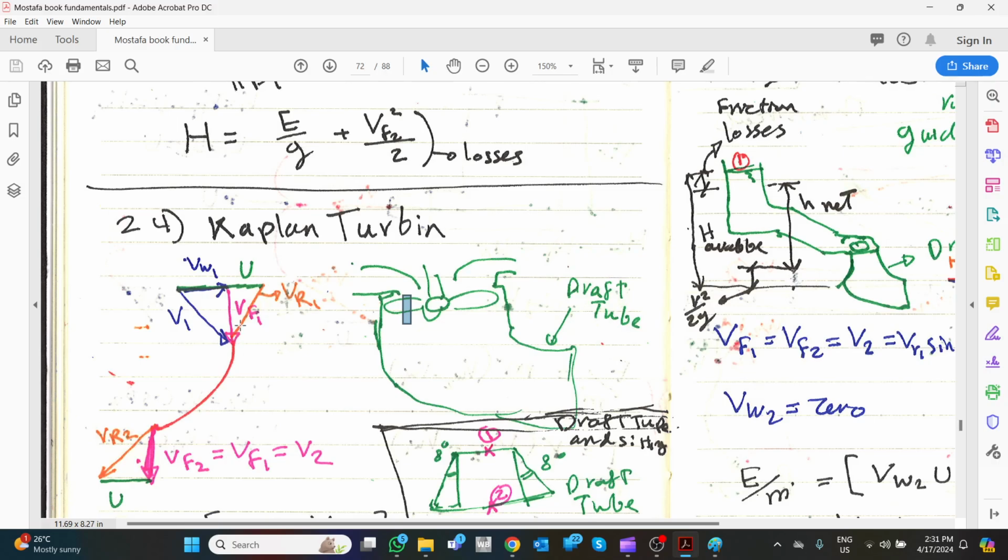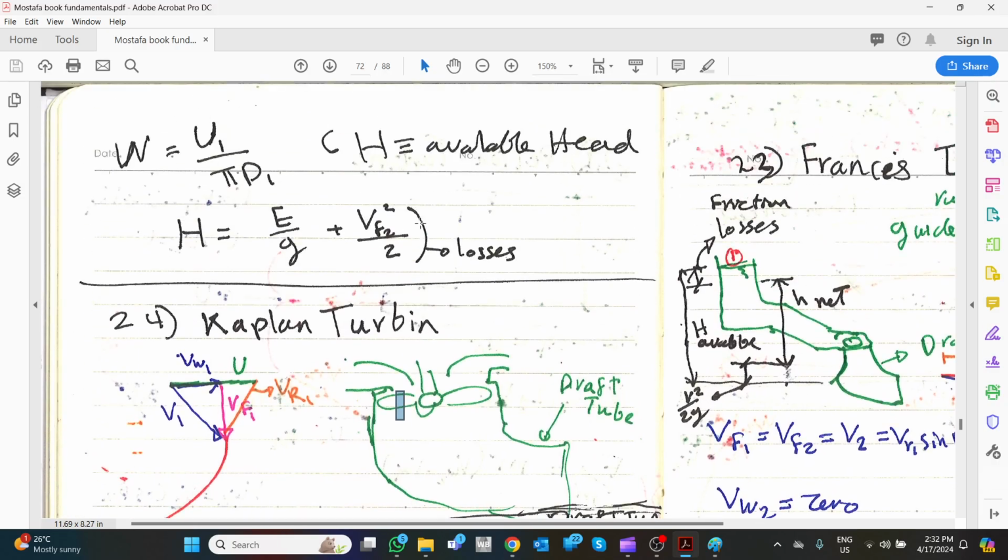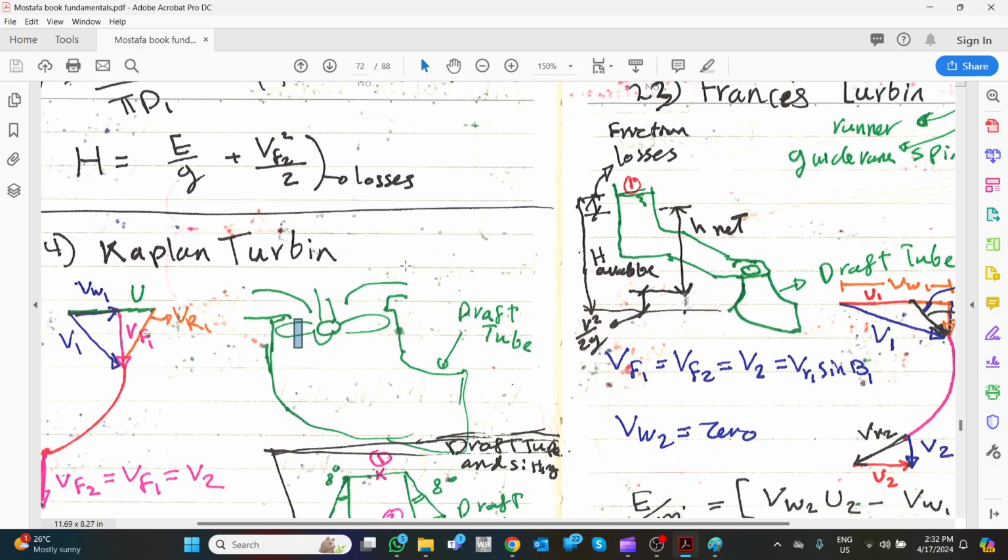So this one is this one, and this is the relative velocity. It is the same concept, by the way, but because we know that Vf should be vertical, Vf1 is vertical and Vf2 is vertical and equal to Vf1, and it is equal to V2 because it is going out in the same direction of V2. It is the same as here.